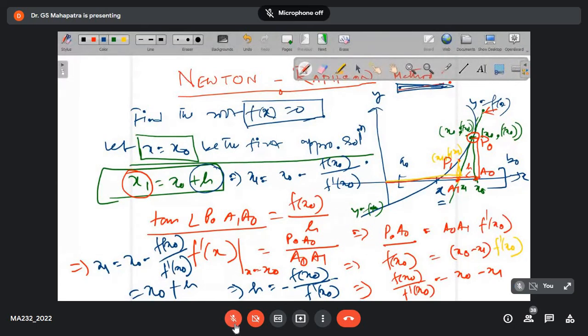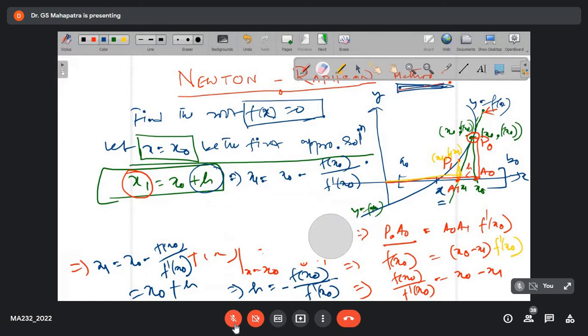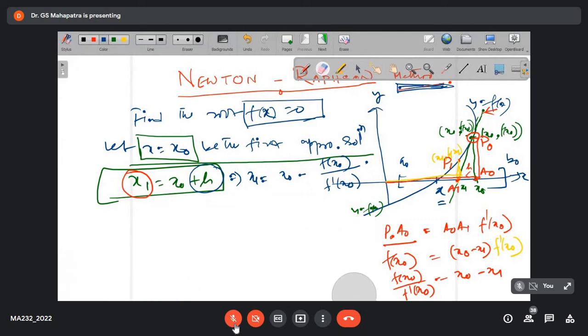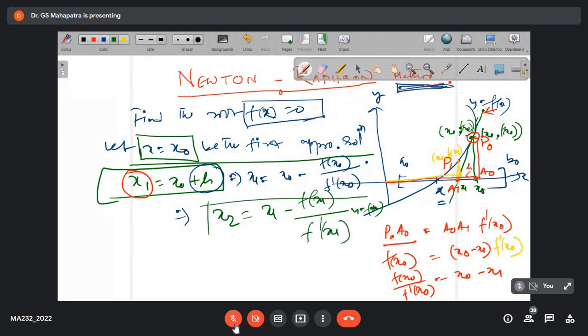Fine. Since it is an iterative method, iterative formula, I have already informed you this one. So if you do the same procedure, you can find in a similar way that x2 is x1 minus f of x1 divided by f dash x1. So if we continue in the similar way, what will be the nth solution or nth root?